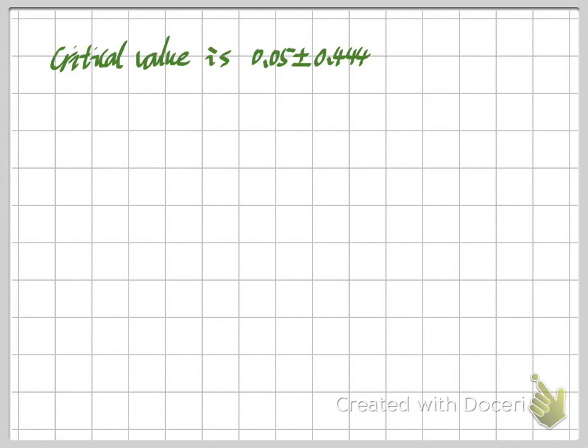Then we have our conclusion. Our confidence interval is between negative 0.394 and positive 0.494. So this is our answer for the confidence interval.